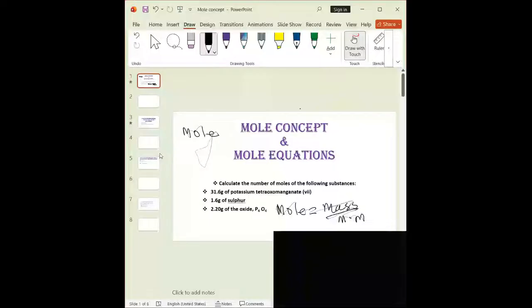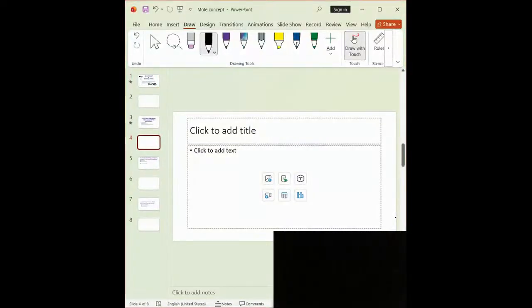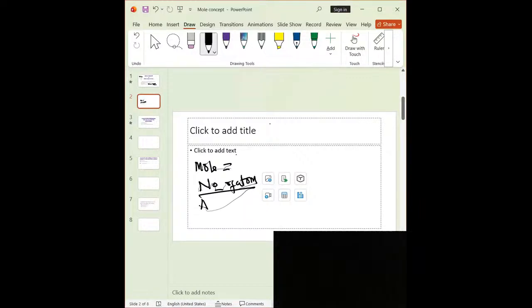The same mole can also be defined as number of atoms over Avogadro constant. That is, mole equal to number of atoms divided by Avogadro constant.